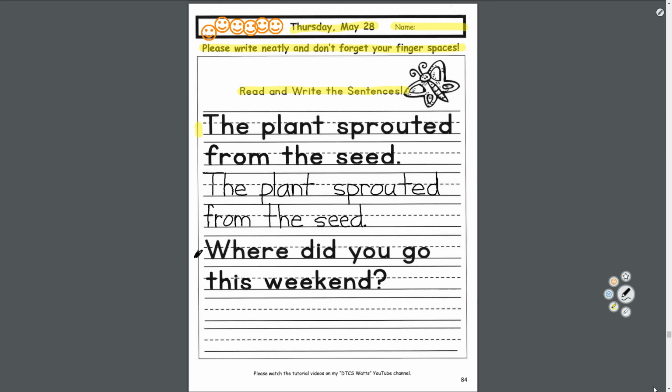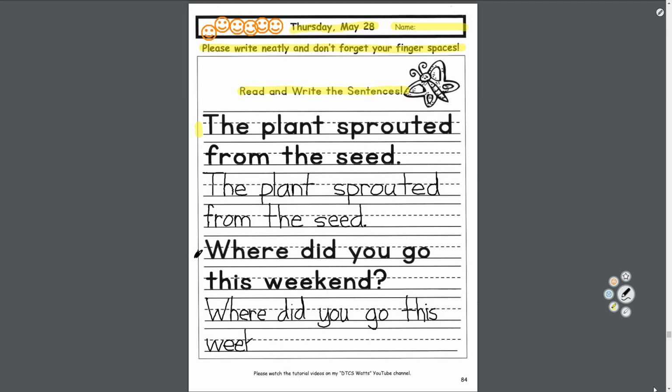Number 2, where did you go this weekend? Uppercase at the start of every sentence. Where, finger space, did, finger space, you, finger space, go, finger space, this, drop down to the next line, weekend.